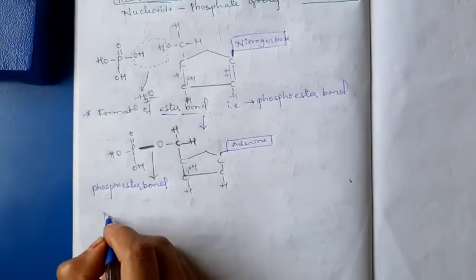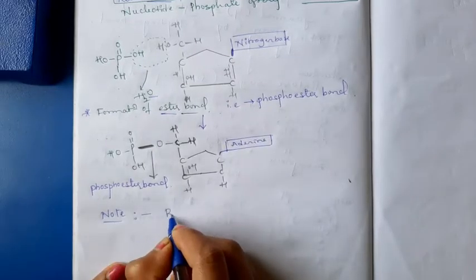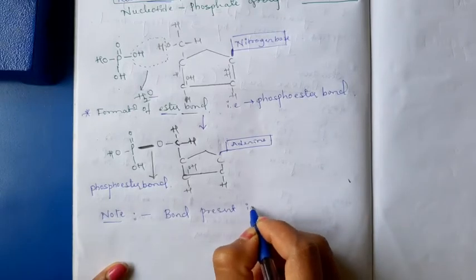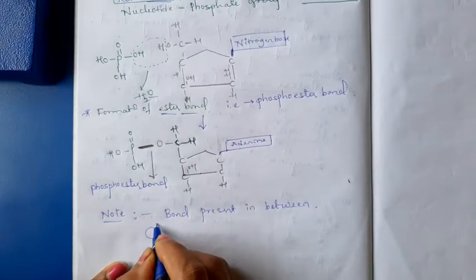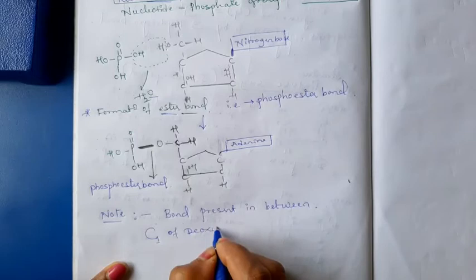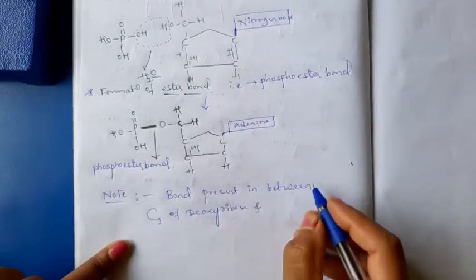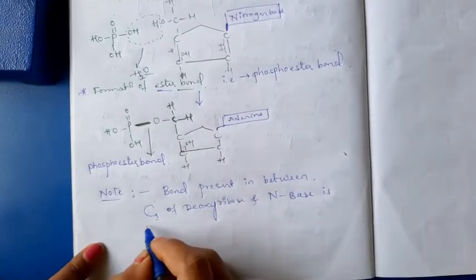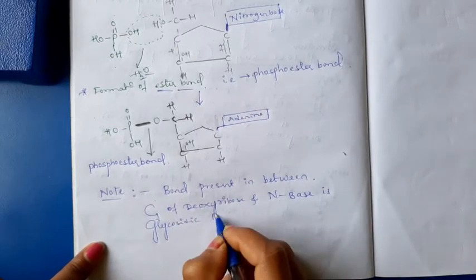Here the important thing, the bond present in between first carbon atom of deoxyribose and nitrogen base is glycosidic bond.